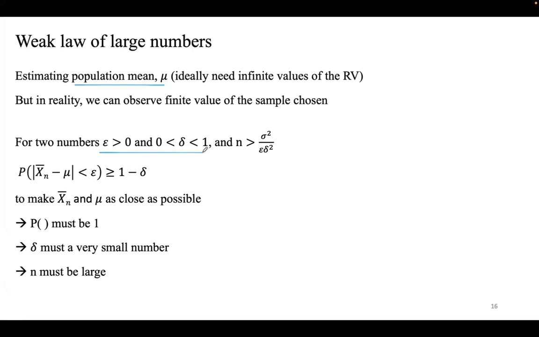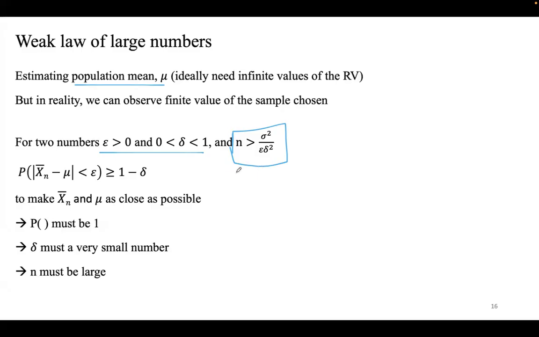For these two things to be true, for epsilon, a small number, and delta, also another small number, you would want that n has to be in this ratio. So it's sigma square divided by epsilon delta square. Now, what this means is, if you want your sample mean to be a good estimate of the population mean, so this probability has to be 1. That means delta is a very small value, right?